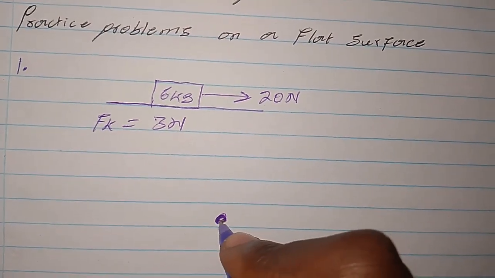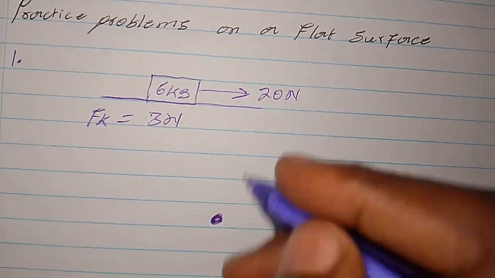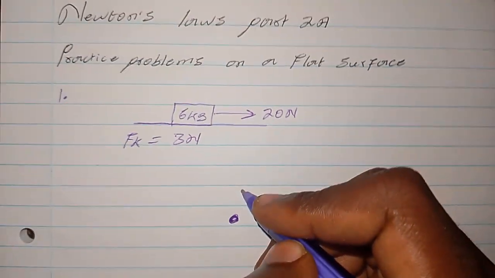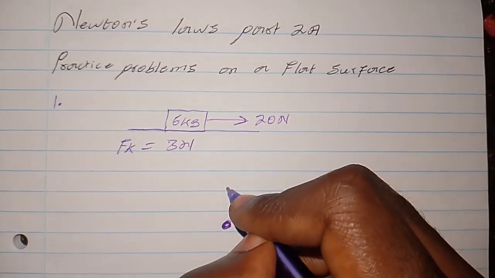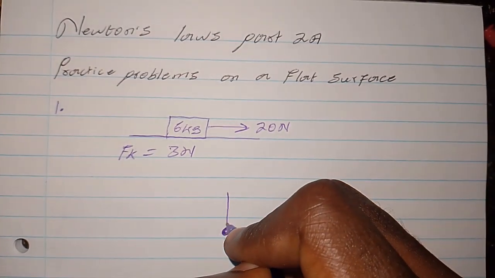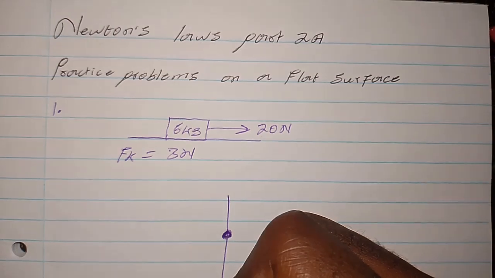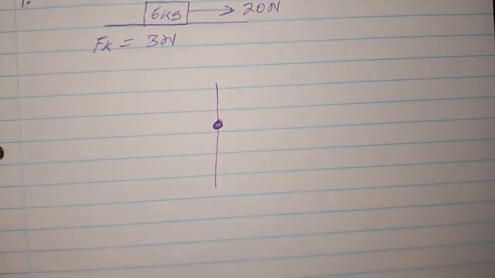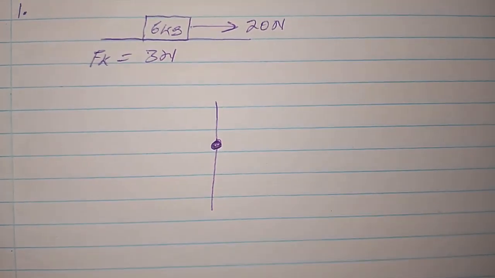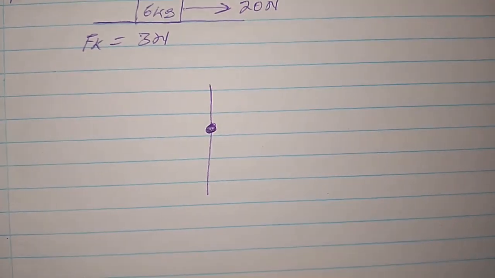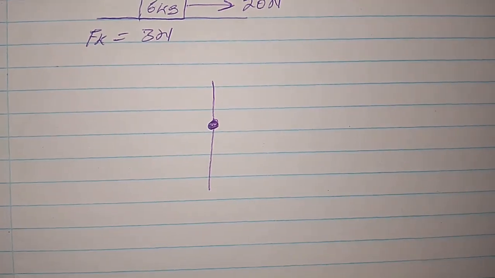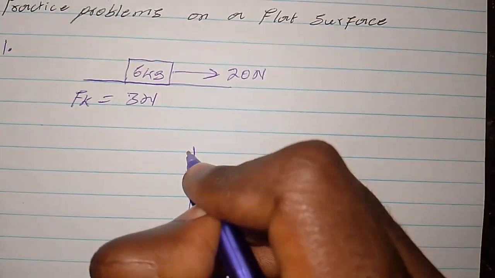We draw the free body diagram. It is advisable for students to use a ruler to draw their free body diagrams. So when an object is on a surface, there are two forces that must be there, which are the normal force and the gravitational force.